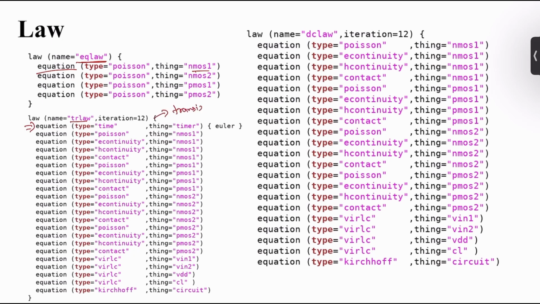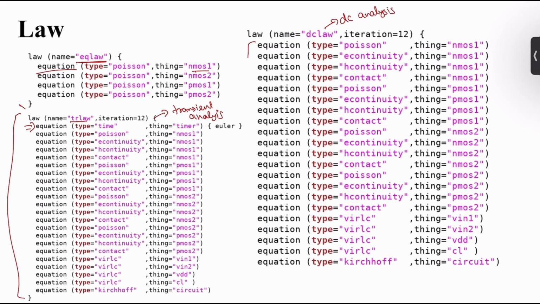If we want to do transient analysis, then we have to define this one line of code in our file. And if we want to do only DC analysis, then we just write this line of code, not this one.